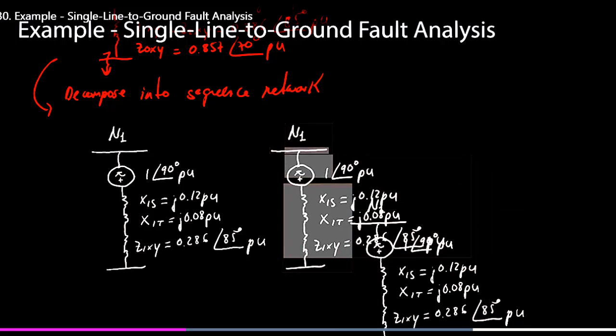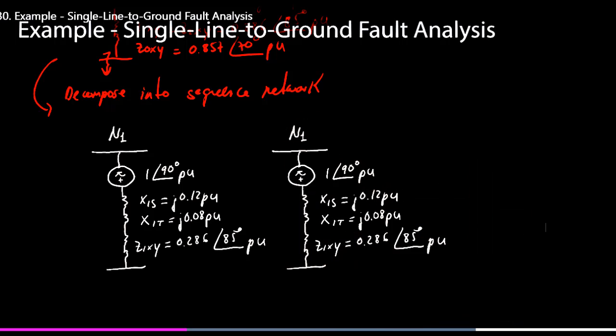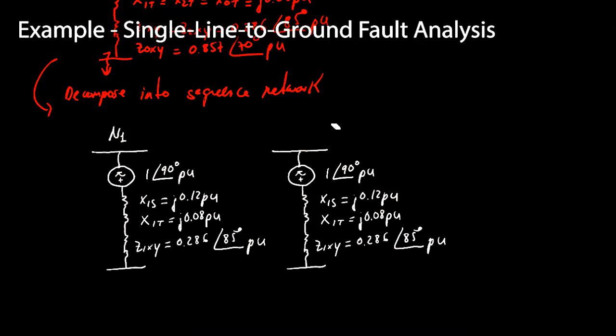And this is going to be our negative sequence network. So it's essentially the same as the positive sequence. Again, that's just from the fact that the impedances are the same, but this technically would be X2 over here. So we're going to have X2S, X2T, and Z2XY.